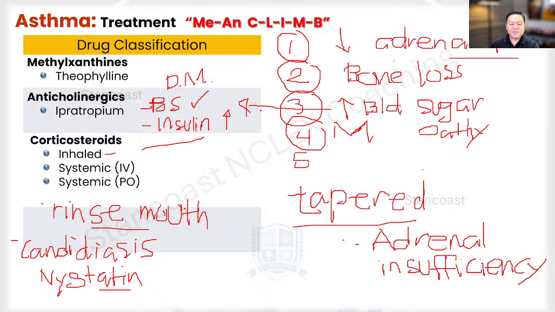So if there is no tapering of the medication, if there is an immediate stop of that medication, this can lead to adrenal insufficiency, and this is life-threatening because the patient will end up with hypotension. They're not going to be able to really respond to any kind of stress. Okay, so there are going to be so many problems with this patient. Their blood pressure can go down.